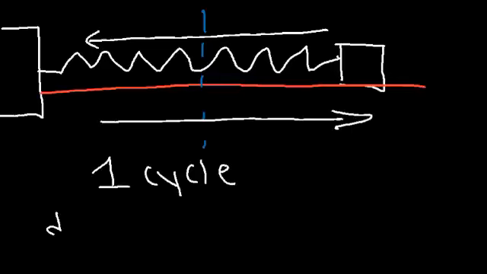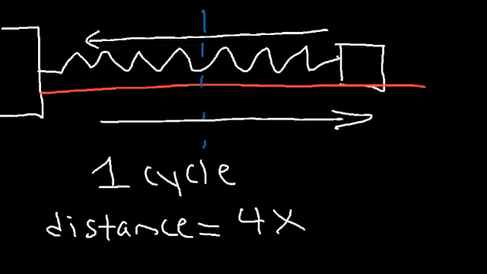The distance of 1 cycle is basically 4 times the value of x. So from here back to its equilibrium position, it travels a distance of x. And then when it's fully compressed, it travels another distance of x.